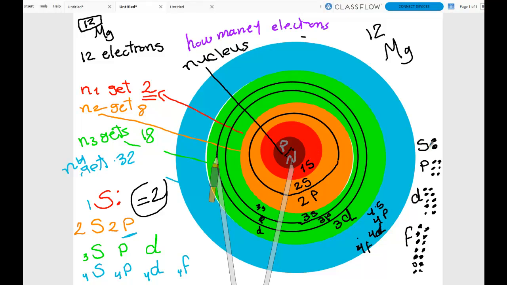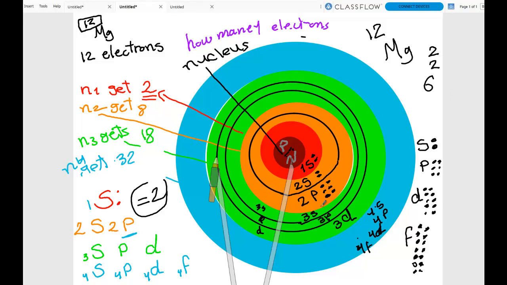1s will take 2 electrons out of 12, so we have 10 left. 2s will take 2 electrons, so 2 plus 2, that's 4, so we have 8 left. 2p will take 6 electrons, 2 plus 2 plus 6, that's 10 out of 12, so we have 2 more.